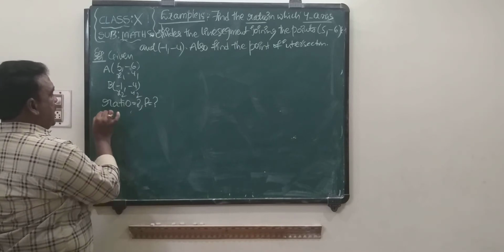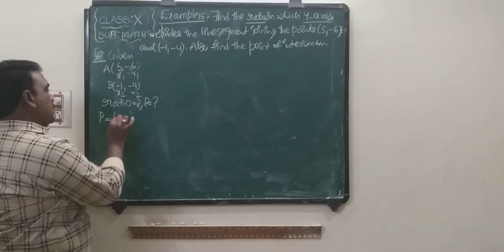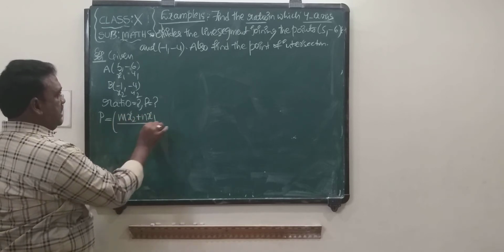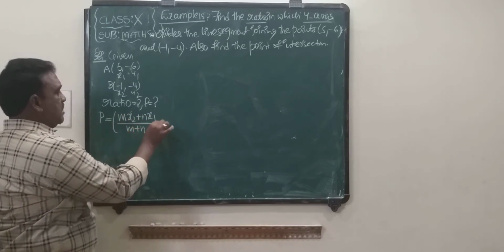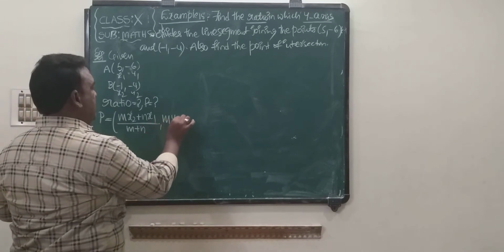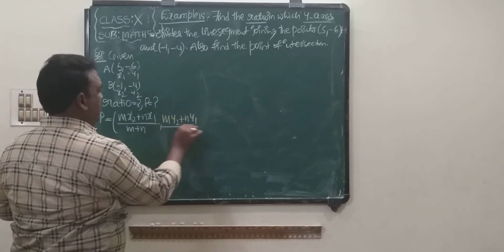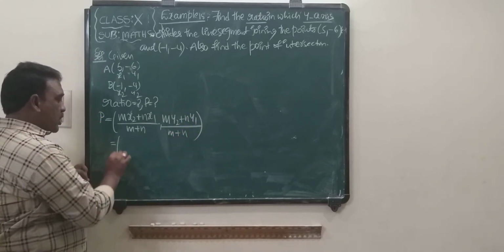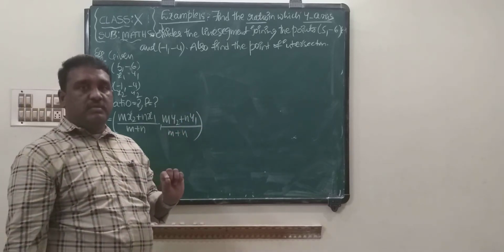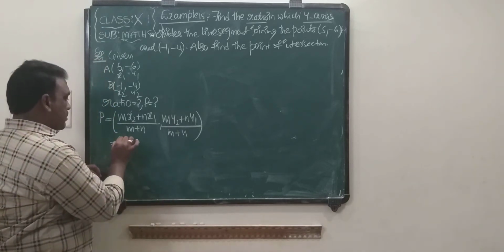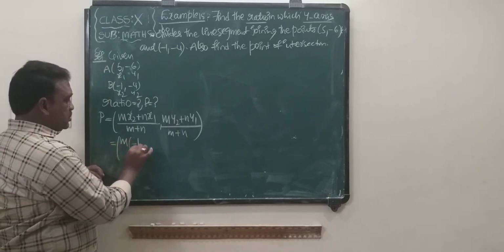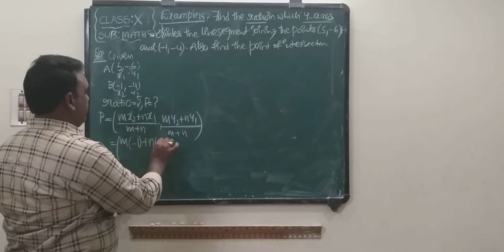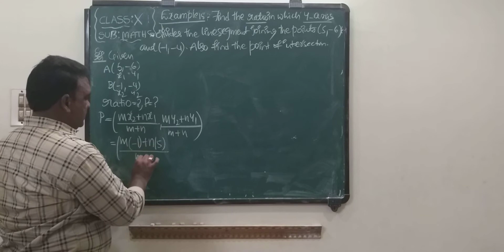Formula, right? Ratio formula: P equal to (mx2 plus nx1) by (m plus n) comma (my2 plus ny1) by (m plus n). We don't know m value, n value. So write as m into x2, which is minus 1, plus n into x1, which is 5, by m plus n.